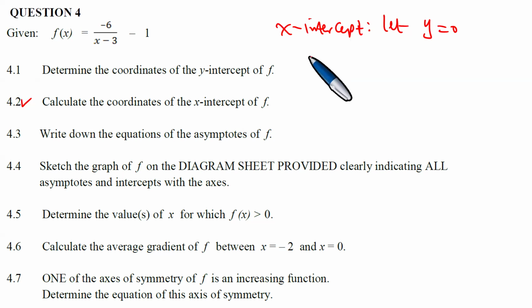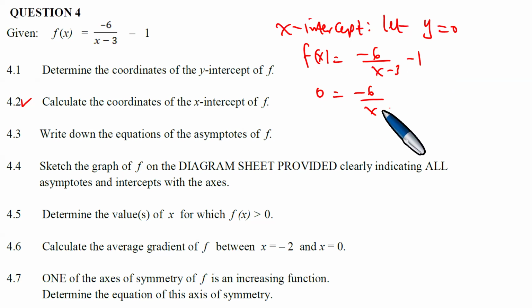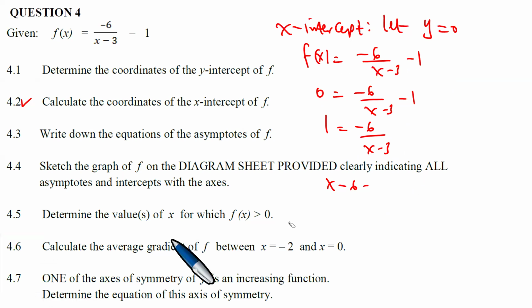Right, so we let y be 0 in the function f of x equals minus 6 over x minus 3 minus 1. If y is 0, then you have 0 is minus 6 over x minus 3 minus 1. Which means x minus 3 equals minus 6, which means x is 3 minus 6.